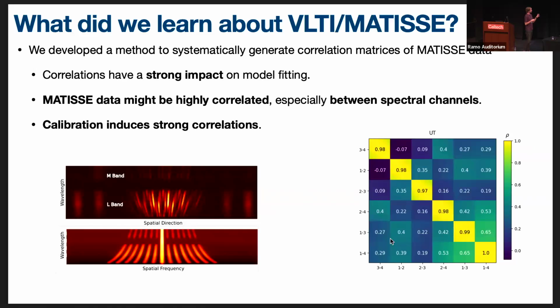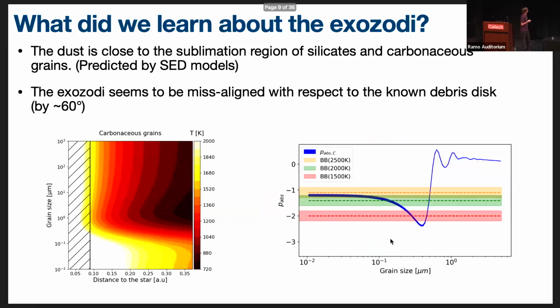So this is something very common to long baseline interferometry. And finally, I didn't mention this point too much, but calibration induces very strong correlations in the data. So when you use a calibrator star for your measurements, you induce these very strong correlations. You can ask me about it afterwards.